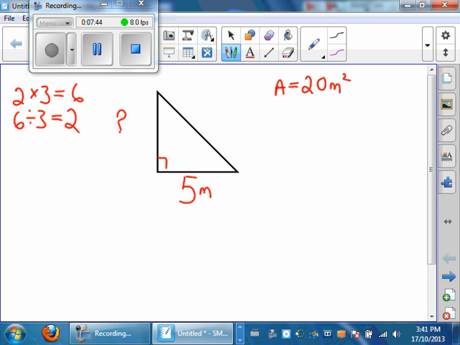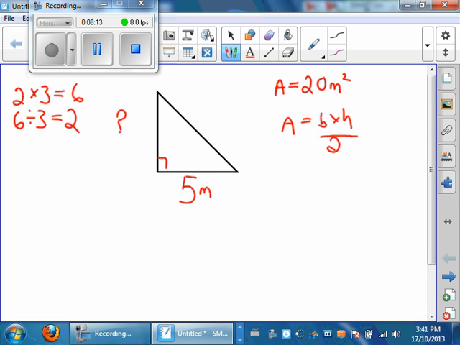So what we've got here so far is we know that to get our area, we have to do base times height, and then we have to divide it by 2. But what we already know is that the area of this is 20 meters squared. So since we've already divided by 2, we first need to work in reverse.